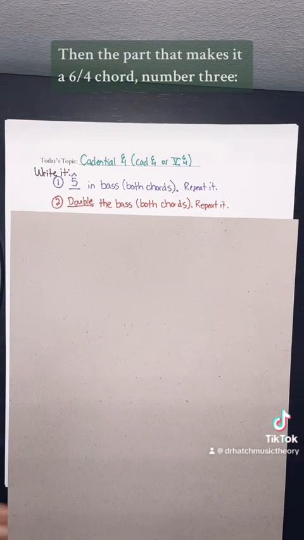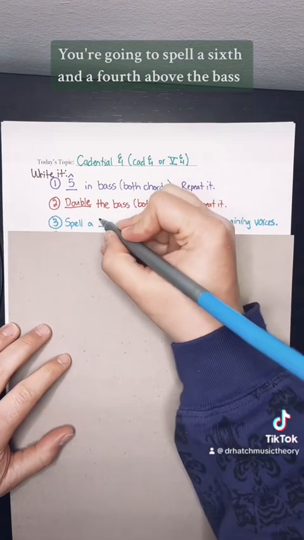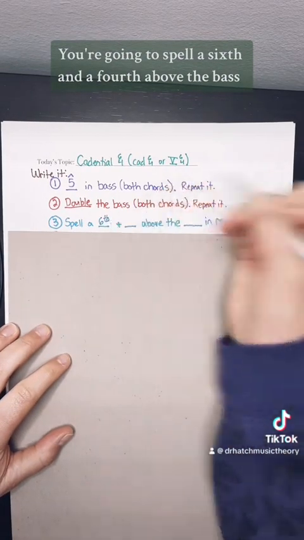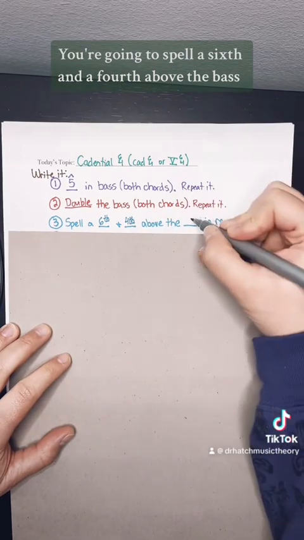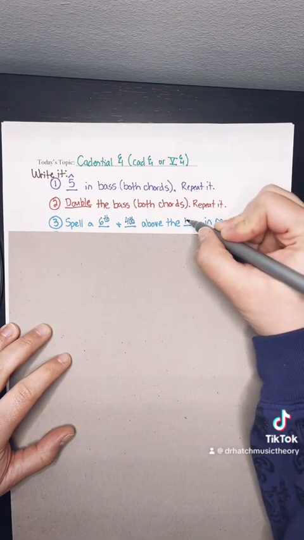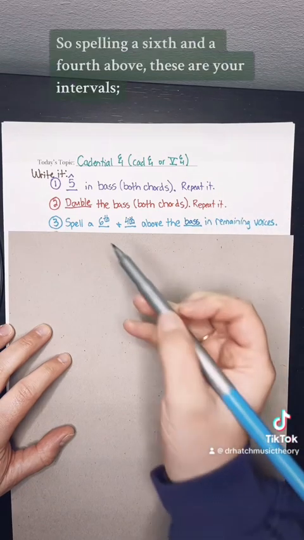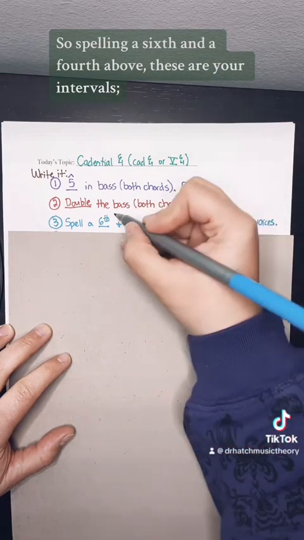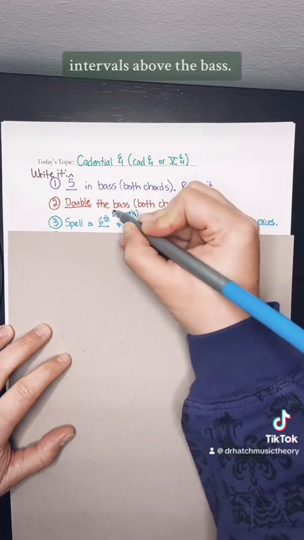Then the part that makes it a 6/4 chord, number 3, you're going to spell a 6th and a 4th above the bass in the remaining voices. So spelling a 6th and the 4th above, these are your intervals above the bass.